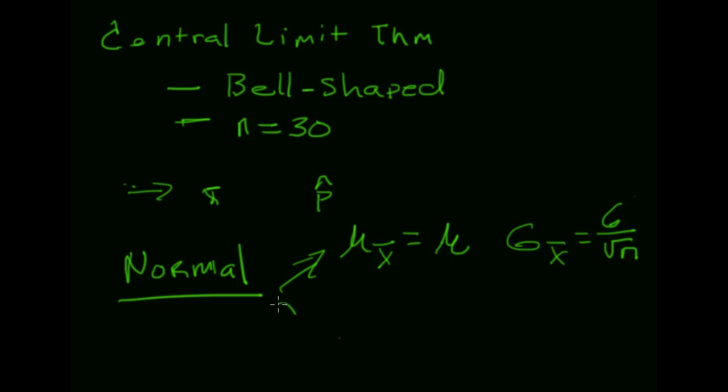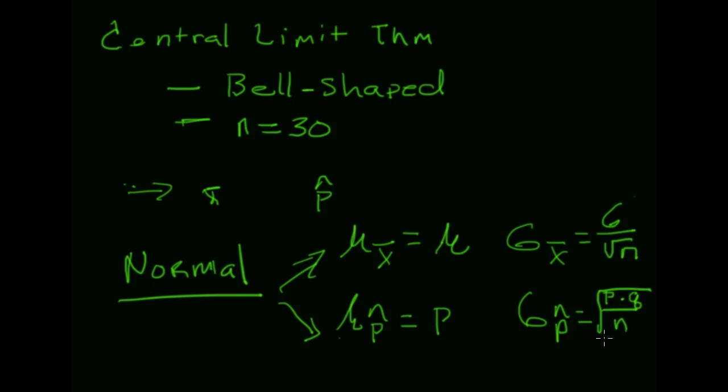If I take portions of the population, then the mean of the portion of the population is equal to the portion of the population that has that characteristic, right? And the standard deviation of those portions will be the portion of the population that has that characteristic times the portion that doesn't have that characteristic, over the sample size, and then we take the square root of all of this.